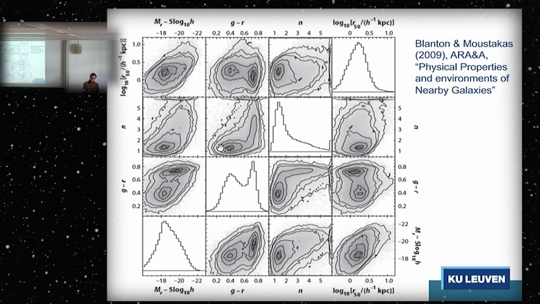This is an interesting plot where you plot the Sérsic index versus the color. If you look at this plot, there is an island there at 1, which lies at the blue. So disks, exponential distributions, n equals 1 Sérsic index, blue galaxy, it sort of fits.